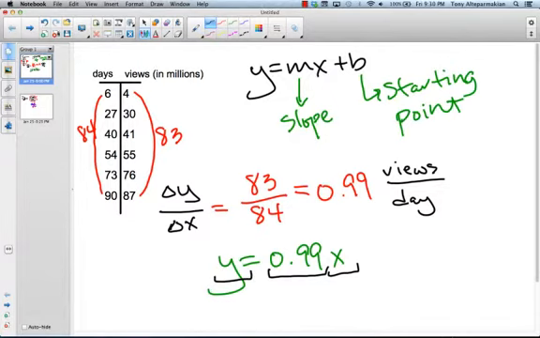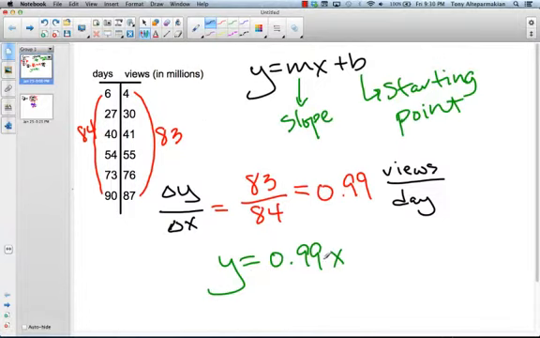We've talked about that a little bit, that what we have in essence here is saying views equal views. We said y is views, and 0.99 times x is just another way to say views. So we'll get rid of a couple of these marks.